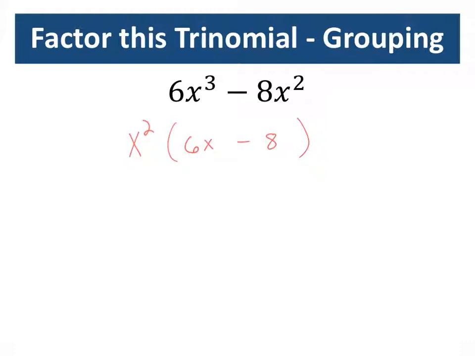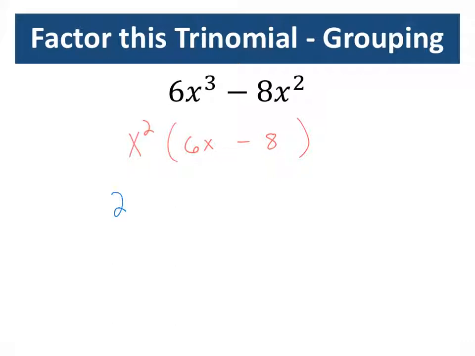Can I pull anything else out? Well, is there any other common factor here? 2. It looks like I can pull out a 2, because 6 divided by 2 is a number that I know, and 8 divided by 2 is a number that I know. So I'm going to actually pull out another number. I like blue.